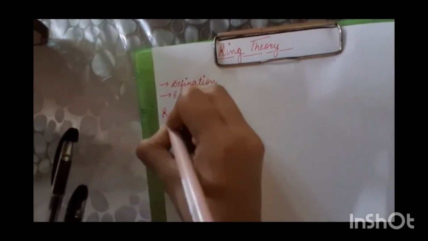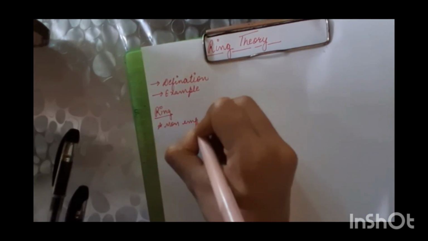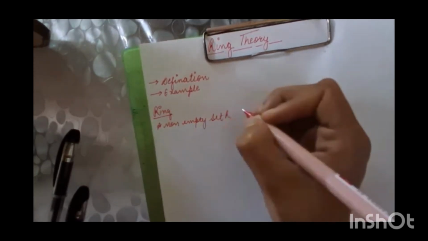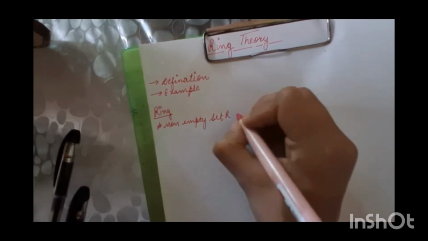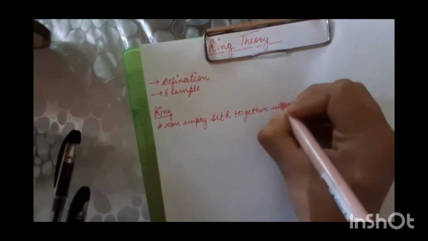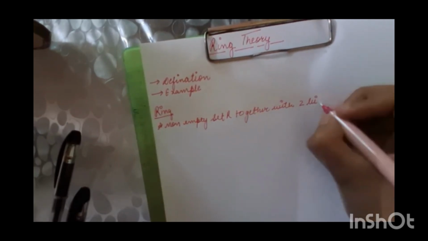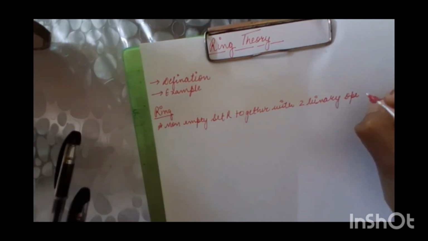Starting with ring, we need to know what exactly a ring is. We take a non-empty set, let us say it is R, together with two binary operations, addition and multiplication. These are additive and multiplicative.